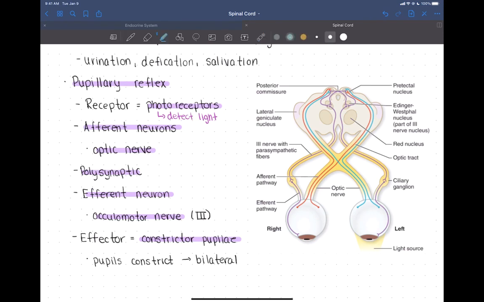All right, let me highlight some of these things that are really important. So they're going to travel through the optic nerve. That's our sensory information. You can see it happens on both sides. That is going to travel back to the brain. It crosses through the, which is not labeled here, optic chiasma.